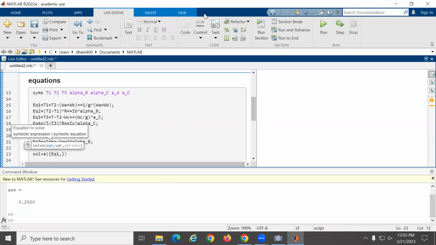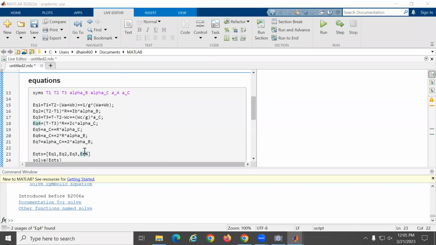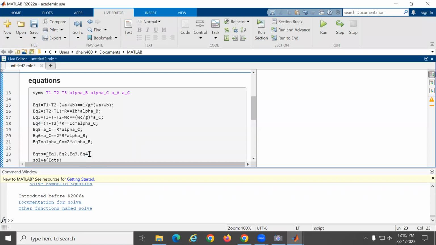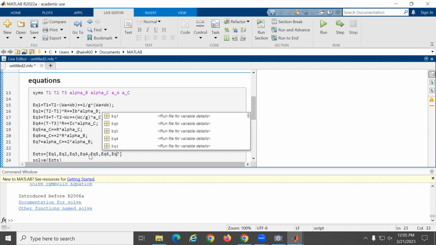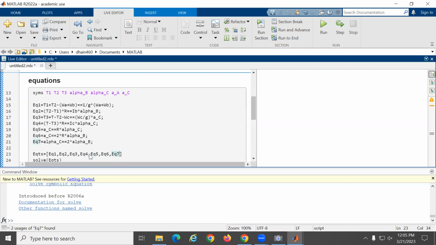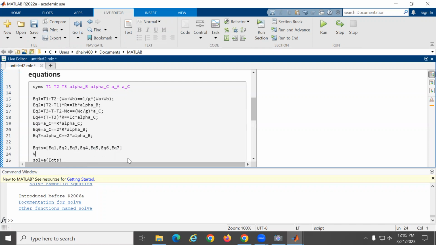Okay, this. EQ5, EQ6, EQ7. And now here we can even say, I guess, variables.